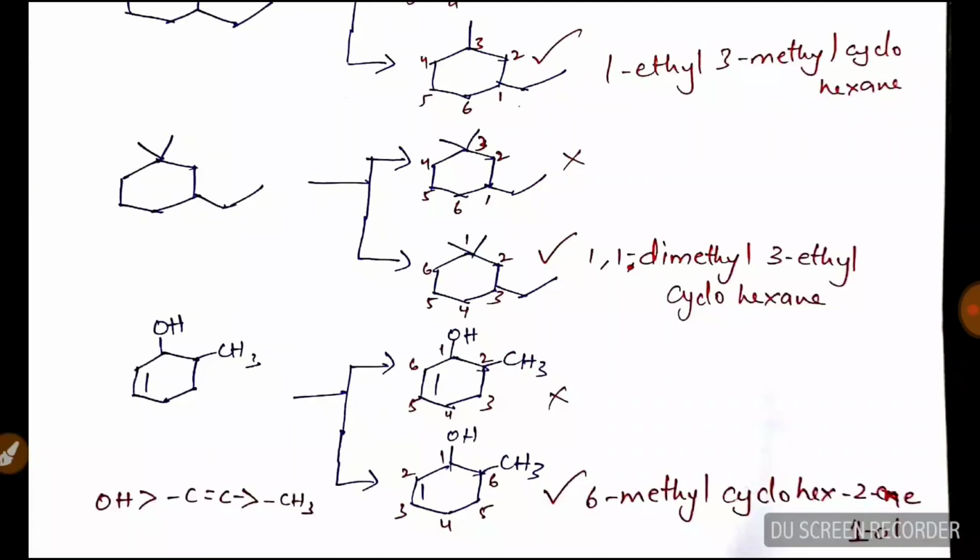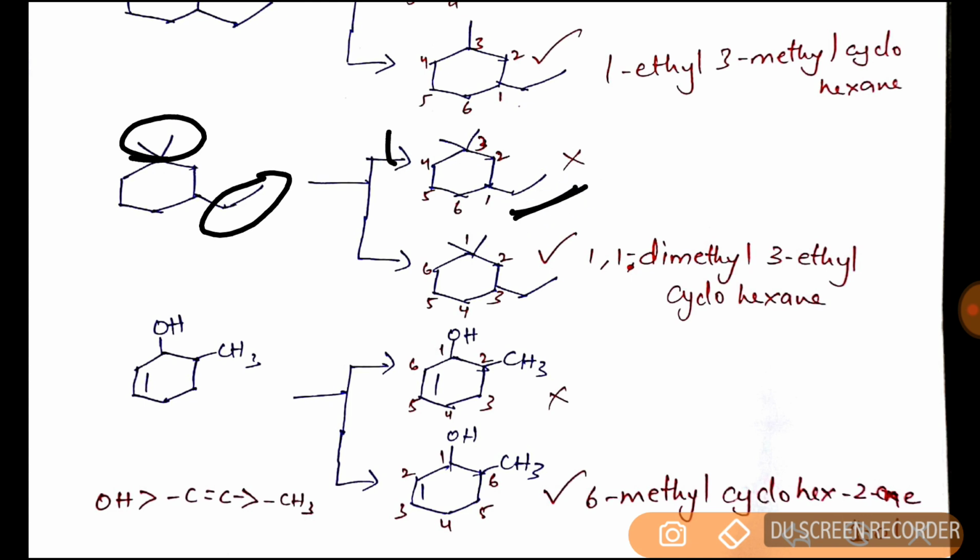As you could see here, in this case the substituents are ethyl and dimethyl. So which one should be given more preference? In the first case, the ethyl group has been given preference, and in the second case, the 2-methyl, that is the dimethyl group, is given preference, because according to the substituent rules, the carbon which has more number of substituents, no matter how many carbons, should be given more preference.